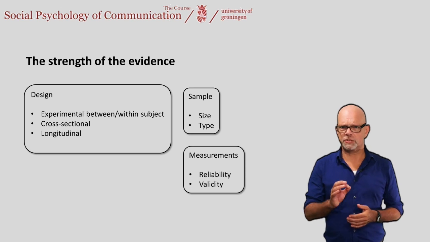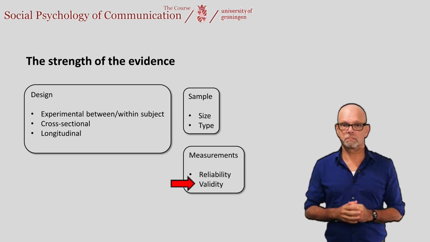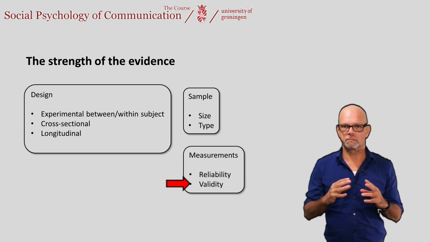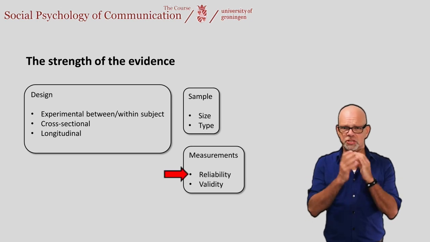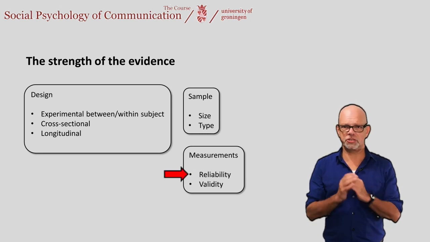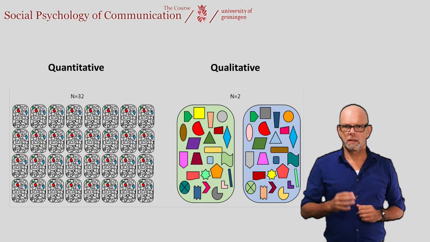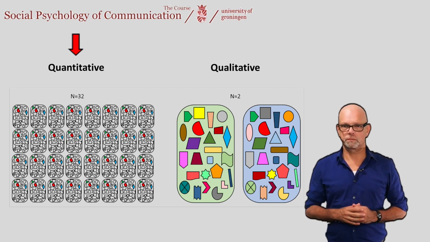The measurements also are very important. They should be valid. Assess what the study really meant to assess. In addition, they should be reliable, giving the same score each time the same state is assessed. Most of these rules are about quantitative research.